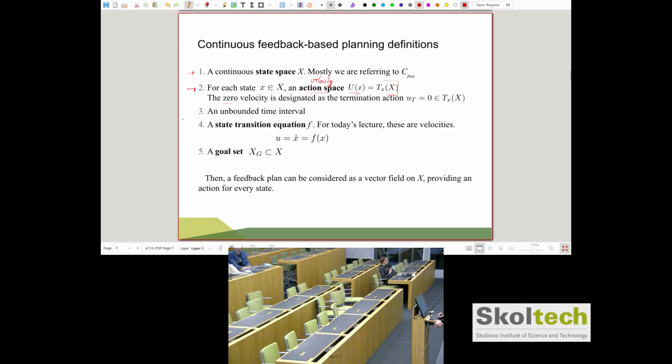Termination action. You remember this derivation from last day, right? Without a termination action or absorbing state, what was the problem? Exactly.